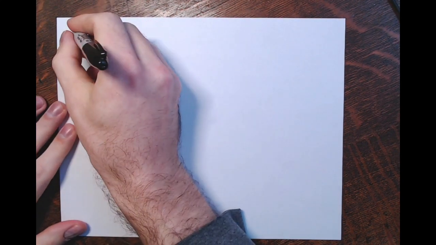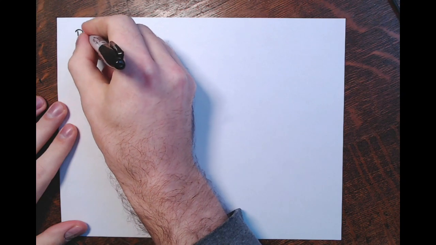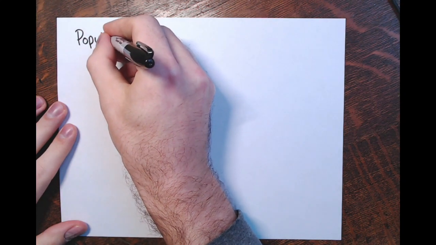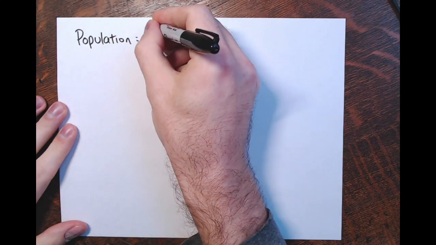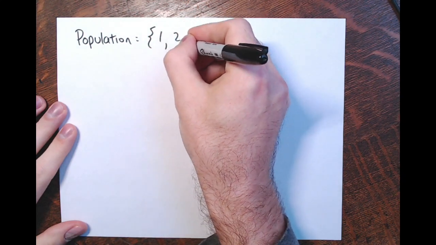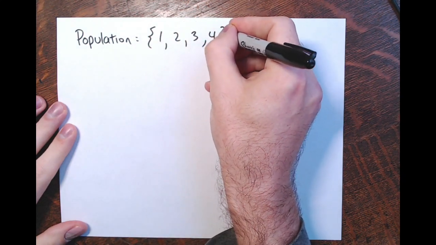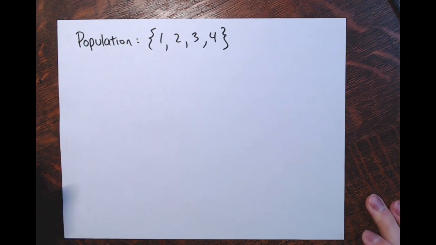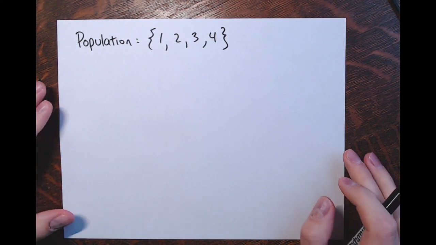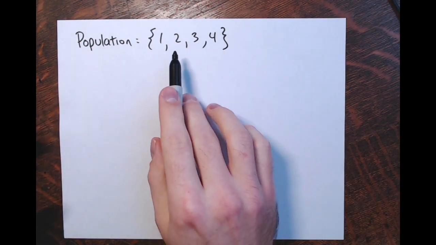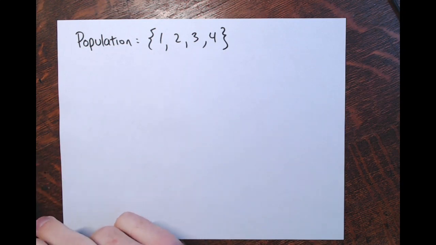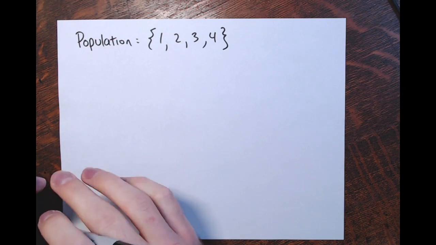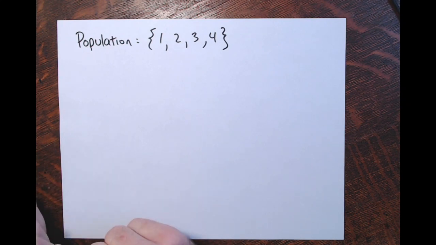Suppose my population is made up of just a few numbers, the numbers 1, 2, 3, and 4, and it has an unknown distribution. Maybe a uniform, say I have equal amounts of 1s, 2s, 3s, and 4s in my population, but the population is made up of only the numbers 1, 2, 3, and 4.